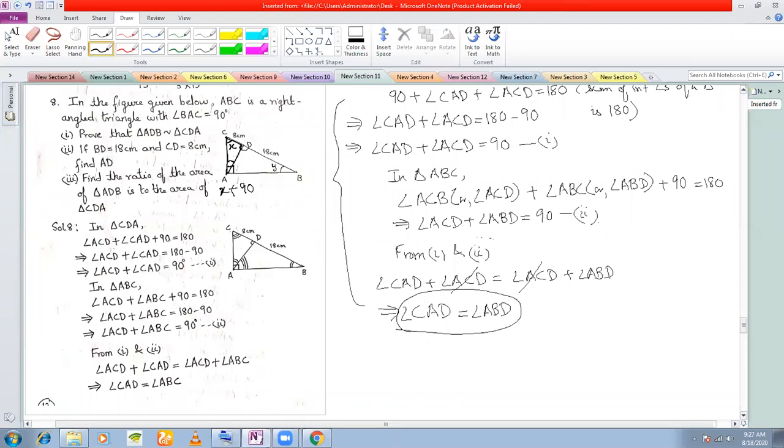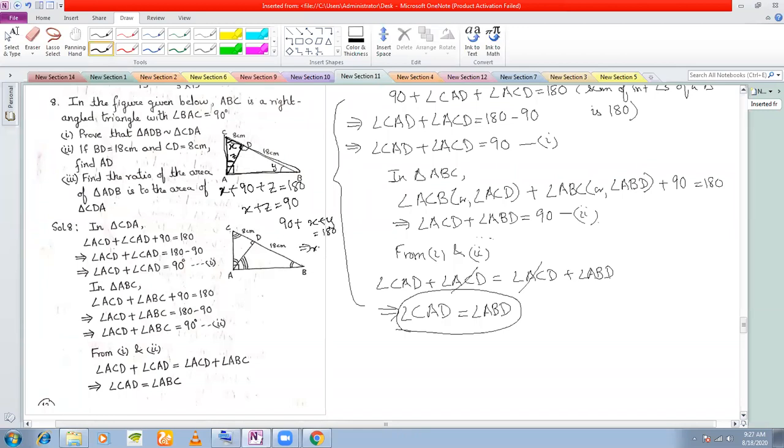Say you can call this triangle angle as z. So x plus 90 plus z is equal to 180. That means you get x plus z is equal to 90. Now in the bigger triangle, you have 90 plus x plus y is equal to 180.